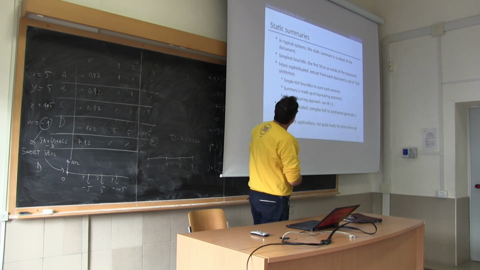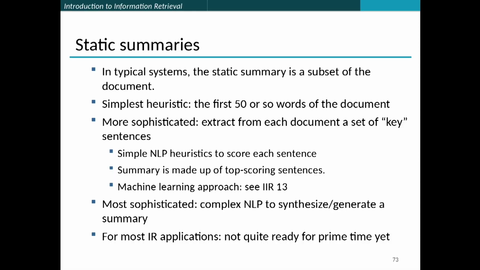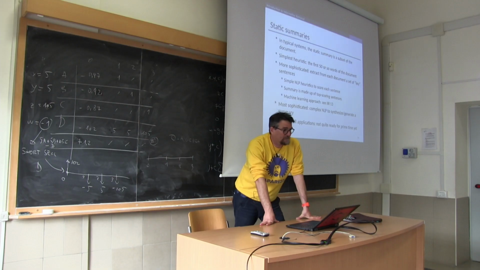In terms of static summaries, usually what is done is that you provide back a subset of the document. Maybe there are very simple heuristics in which you provide the first few lines of a document. You can clearly have more sophisticated techniques extracting, by natural language processing, some kind of relevant keywords.